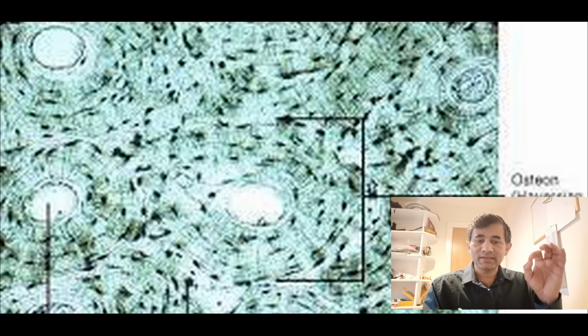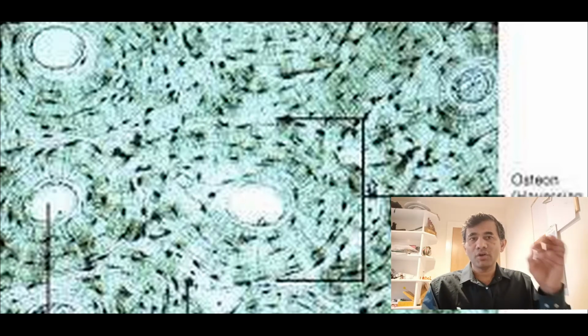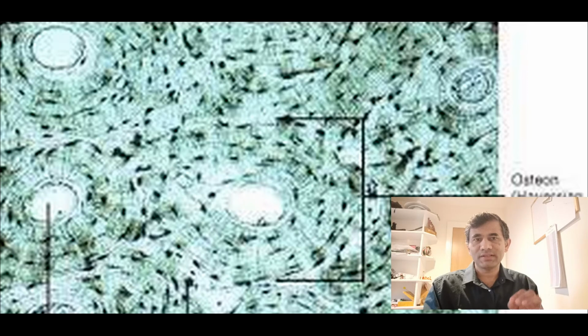And the bone cells are arranged along these laminae, and the bone cells are called osteoblasts. When they mature, they become less active and they are called osteocytes. They are arranged along the concentric laminae. So that is about the structure of the bone.